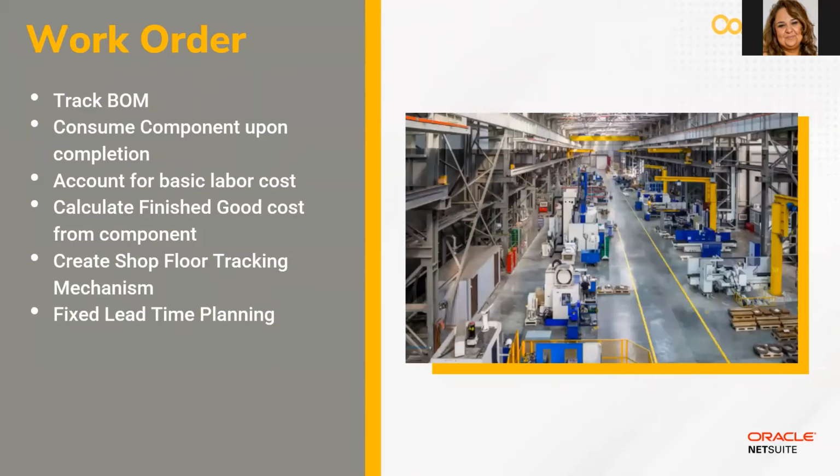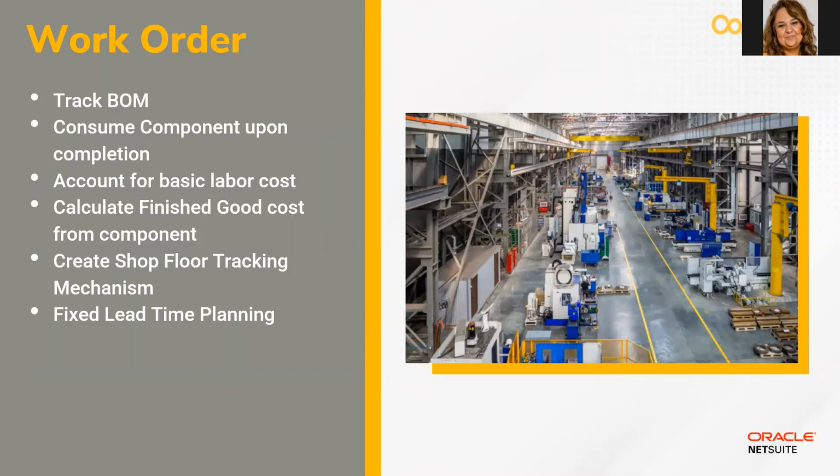The second option is a work order. Again, it tracks bill of materials. The only difference here is that with the work order, you can have different stages. So you can have a planning stage, and it's a non-posting transaction. You can have different statuses: planning, release, build.